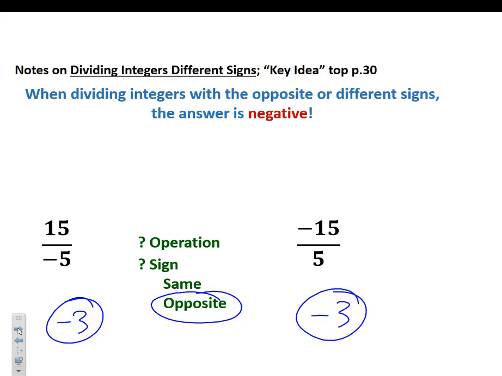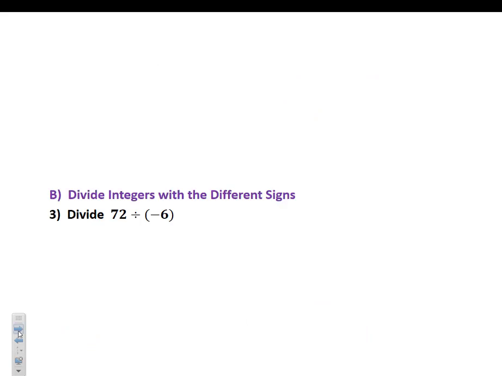Pretty straightforward. I hope I'm not going too fast. It's the same exact rules for division as we have for multiplication. So our two examples on dividing integers with different signs. We're going to divide 72 divided by a negative 6. We take a look. We are dividing. Our signs are different. We know our answer is negative.